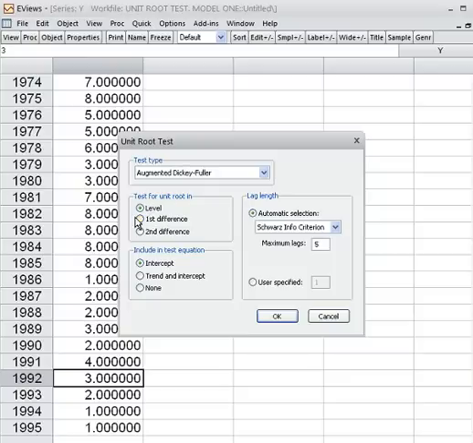So we check it in the level. What does level mean? Level means the initial data, that means the raw data that I am using now. Okay, so I choose that level and I choose this one, intercept, right? Then I run the model. I press OK.